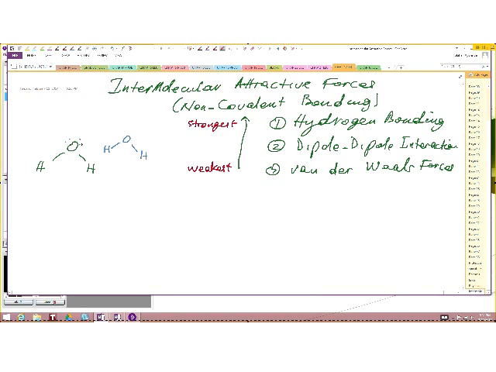So you have what we call very weak, this is not a covalent bond, very weak bonding between this hydrogen, because the bond between hydrogen and oxygen is polarized. So this hydrogen has a slight positive charge to it, and of course the oxygen has a slight negative charge. Same thing here, same thing here. So you have this chain of hydrogen bonding from one water molecule to another.